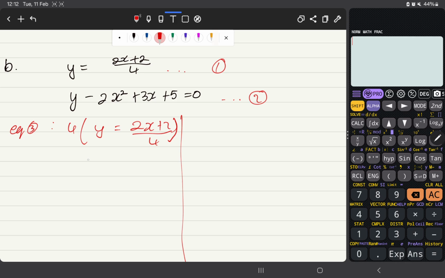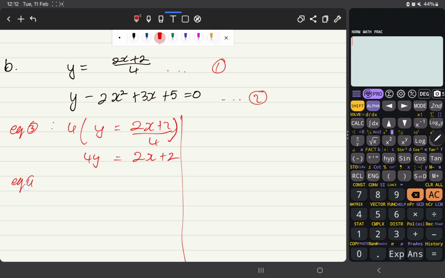Right, so if I do that, then I'll have 4y equals 2x plus 2, right? That's what I have.